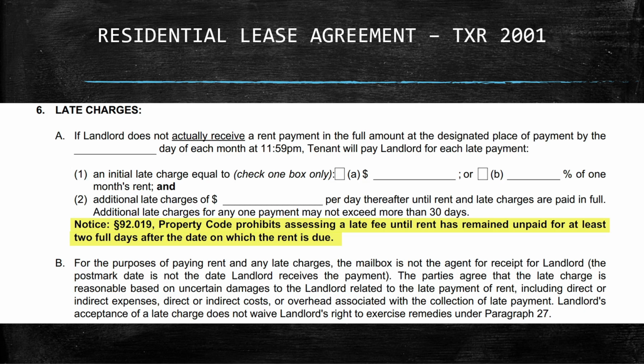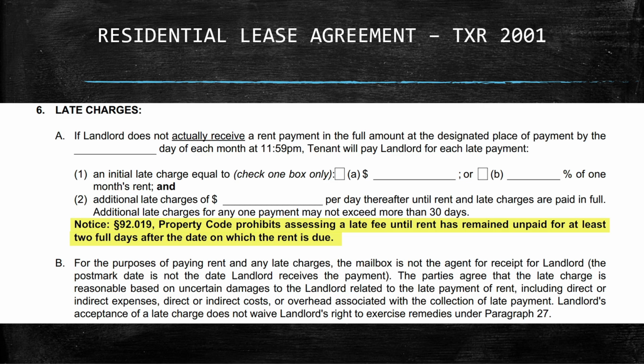The rent has to remain unpaid for at least 2 full days after the date on which the rent is due. After that, then the landlord can charge a late fee. But it has to be unpaid for at least 2 days after the rent is due.